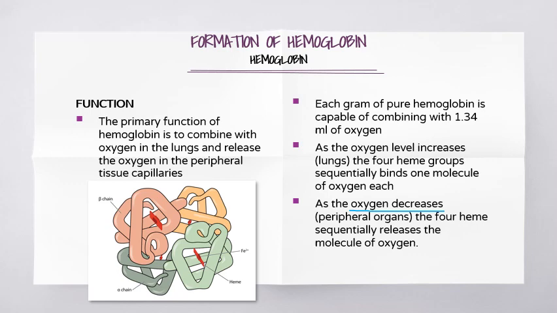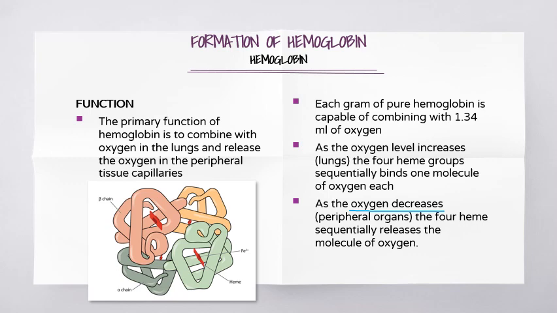That's very, very important kasi there are some abnormal hemoglobins wherein it binds the oxygen but will no longer release it. So it's very ironic kasi you're well oxygenated but your tissues are starving. They are not oxygenated properly because the hemoglobin does not release your oxygen.